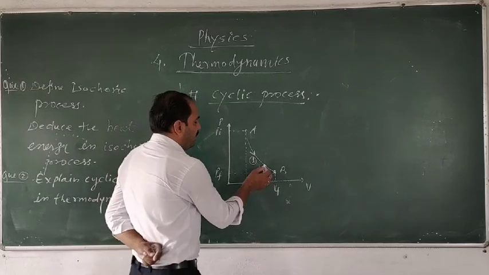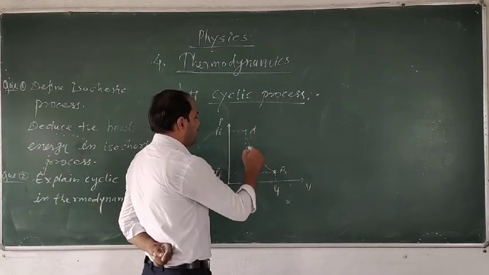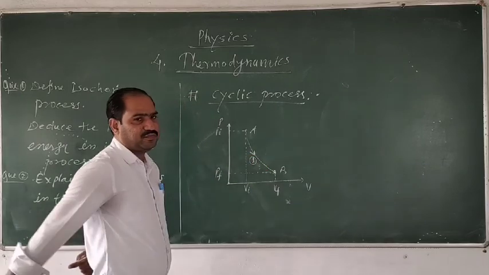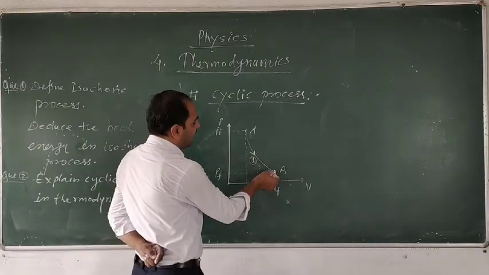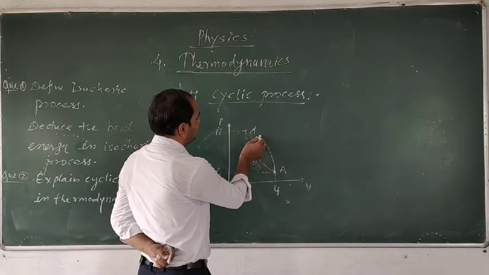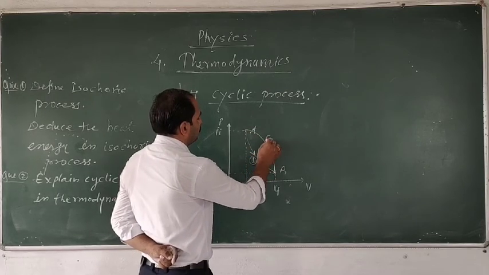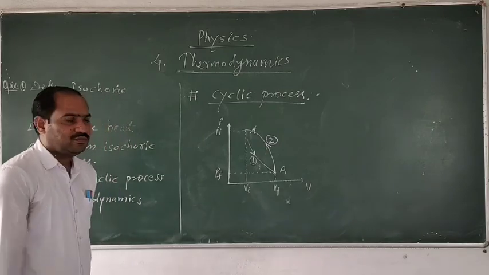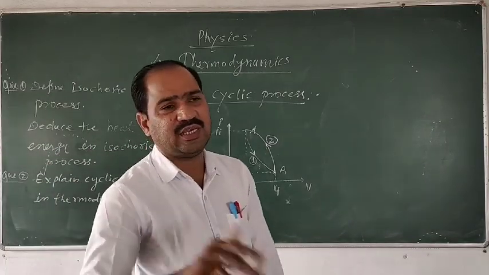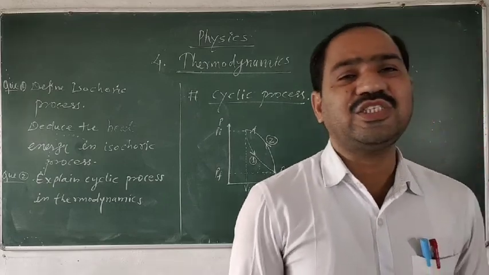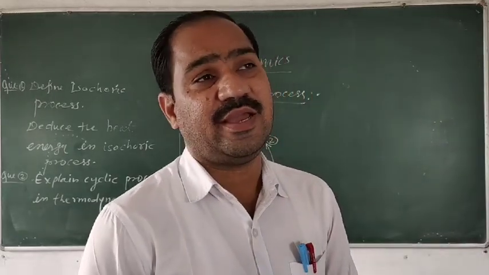But now, when the system completes its path from A to B by path 1, if the system retraces its initial state by another path 2, the system undergoes change, and after some interval of time, the system again attains its original state.